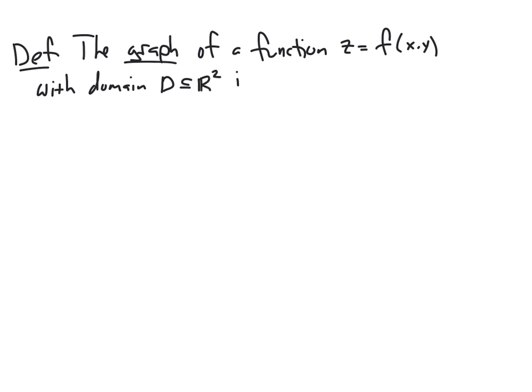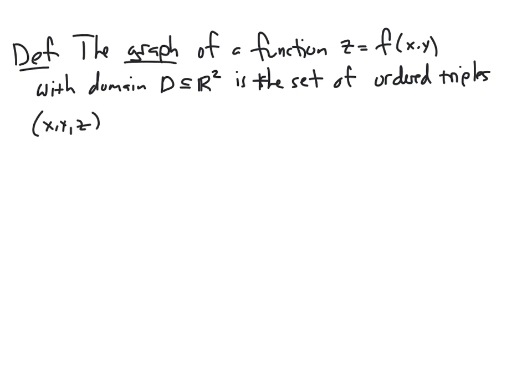So the graph is going to be the set of ordered triples (x, y, z), where (x, y) is a point in the domain of the function, and z is actually equal to f of x, y, whatever real number that function outputs.